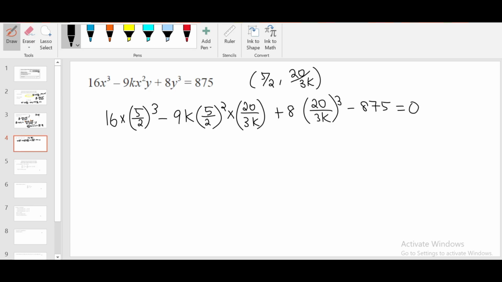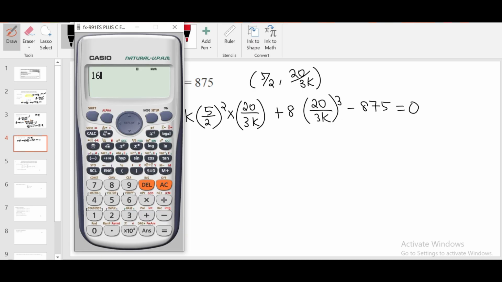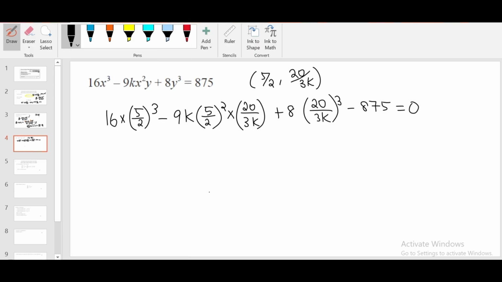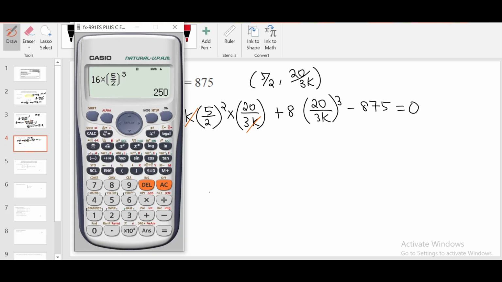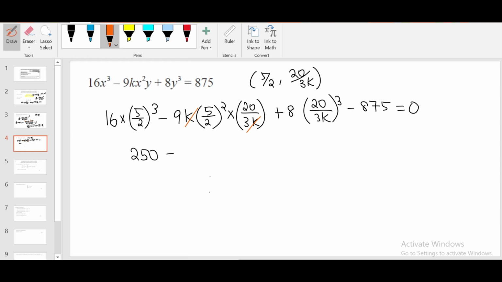Now we need to carefully simplify this. 16 times 5 over 2 whole cubed is 250. This is 250 minus, we can cancel this k and k, and then I'm going to simplify the rest of the things now using my calculator. 9 times 5 over 2 whole squared, which is 25 over 4, times 20 over 3, is 375.